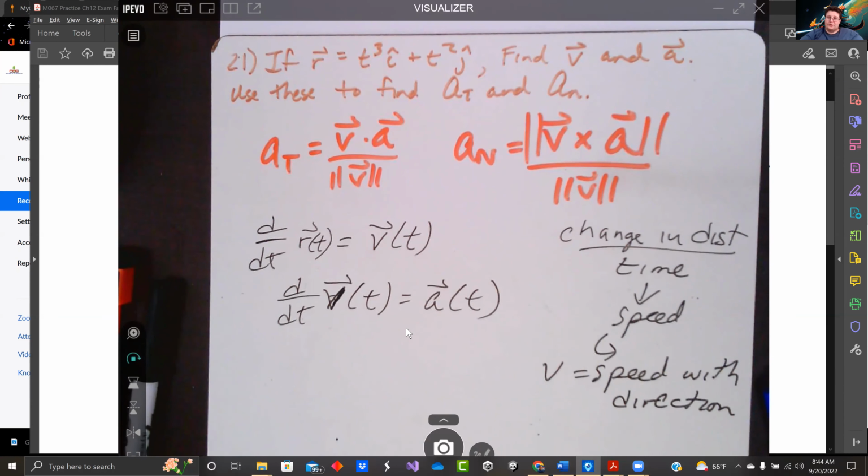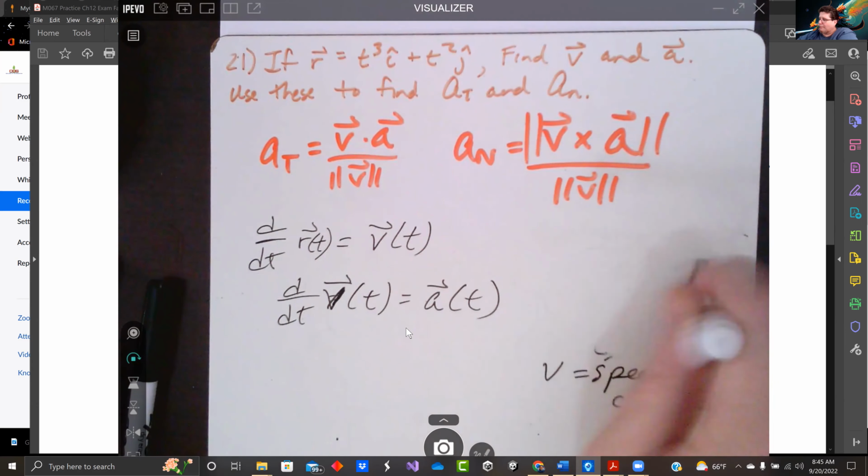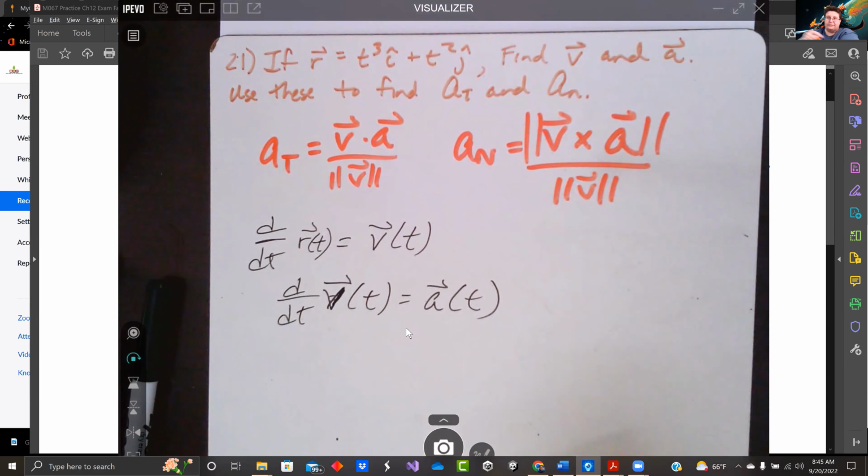And a change in speed is acceleration. That's the definition of acceleration. You don't see a lot of proofs on my exams and stuff we do in class. If we do, we can just say there's nothing to prove.